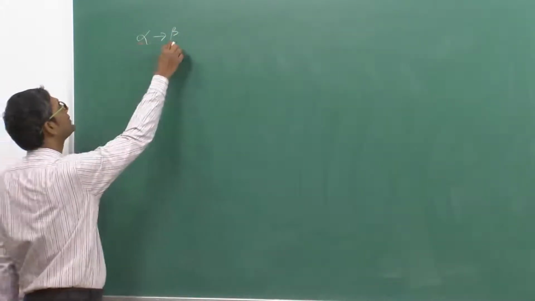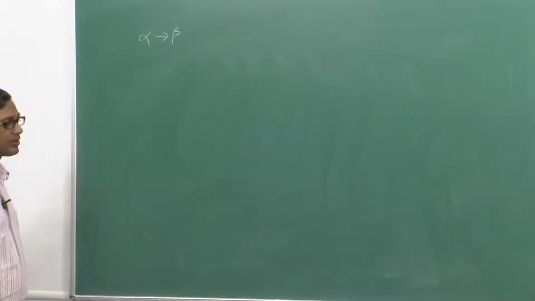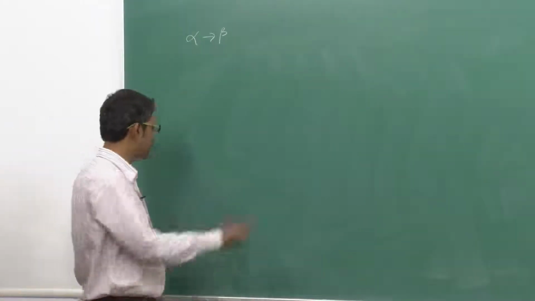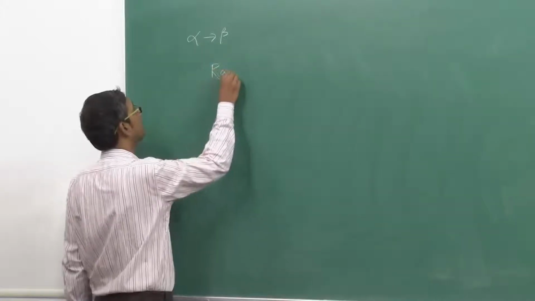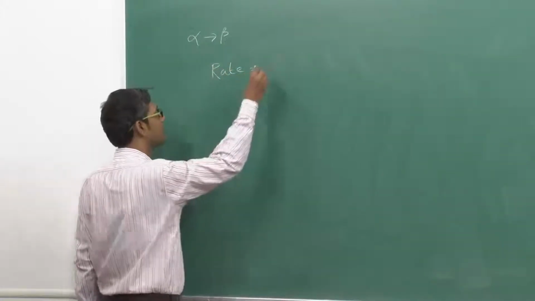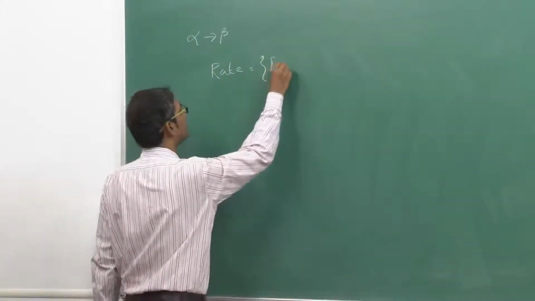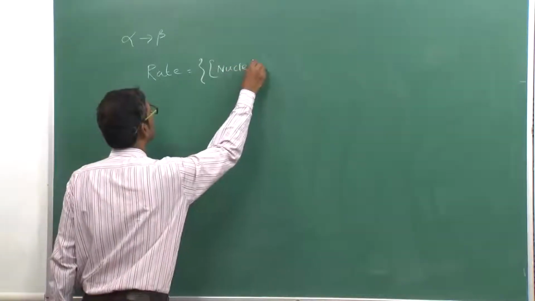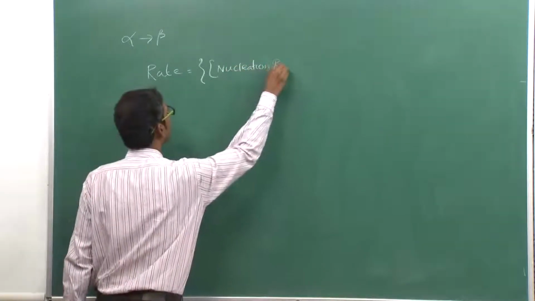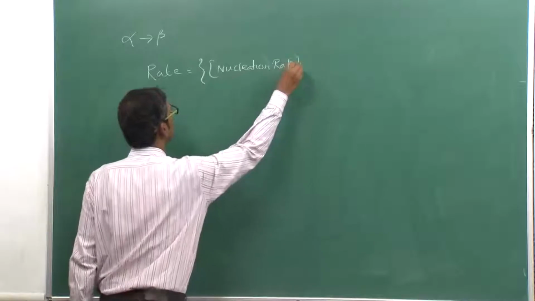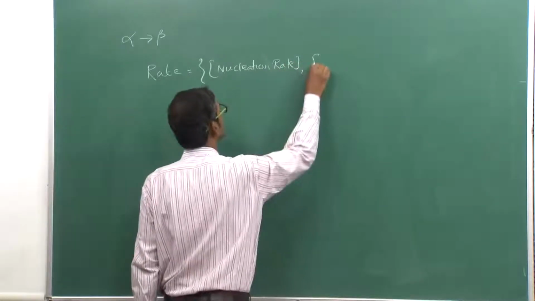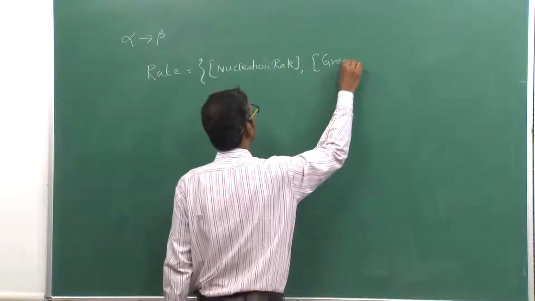The deformed grains transform to strain-free grains, and as you know, the rate of this process is obviously a function of the nucleation rate as well as the growth rate, both.